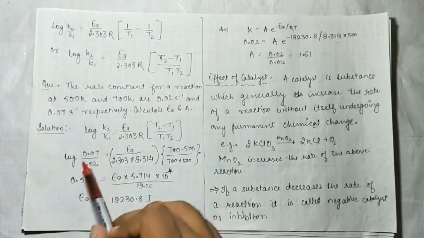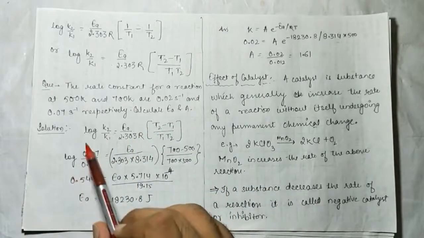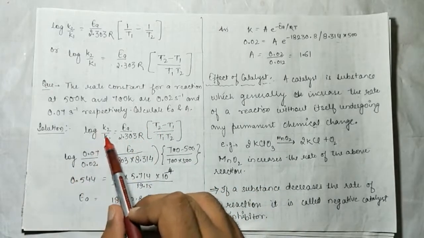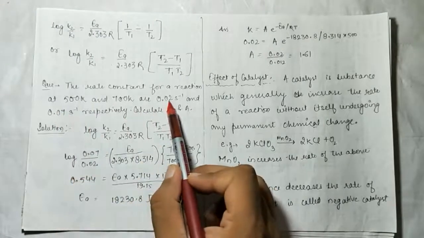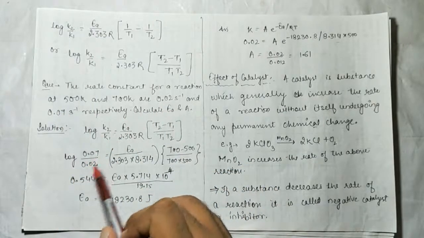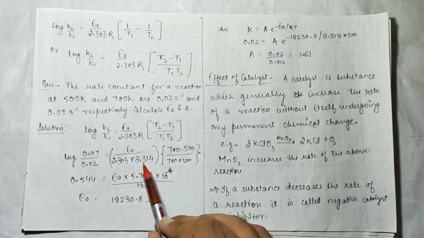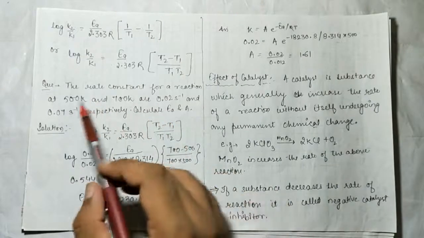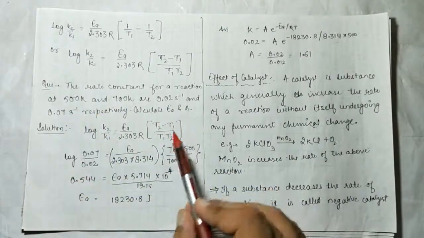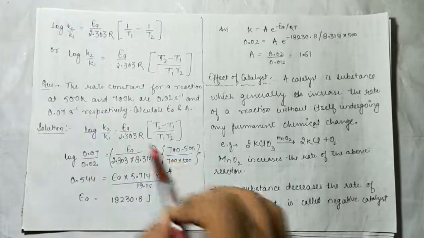We put these values in the equation. Log k2 upon k1, where k2 is 0.07 and k1 is 0.02, equals Ea upon 2.303 times R, where the value of R is 8.314, times T2 minus T1 upon T1 T2. The temperatures are given as 700 and 500, so T2 is 700 Kelvin and T1 is 500 Kelvin.